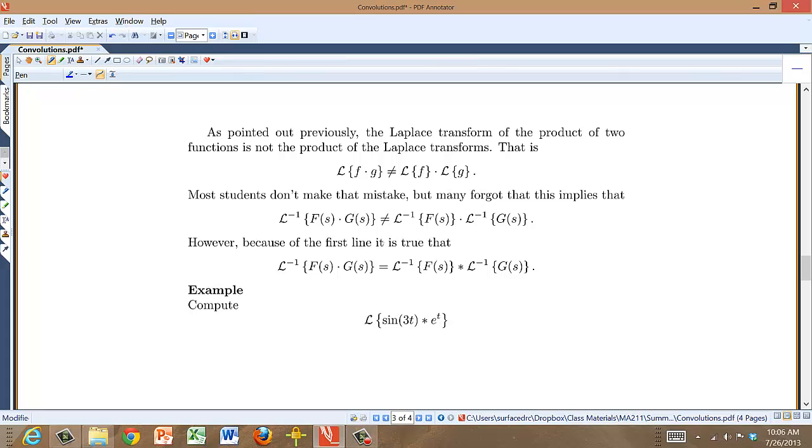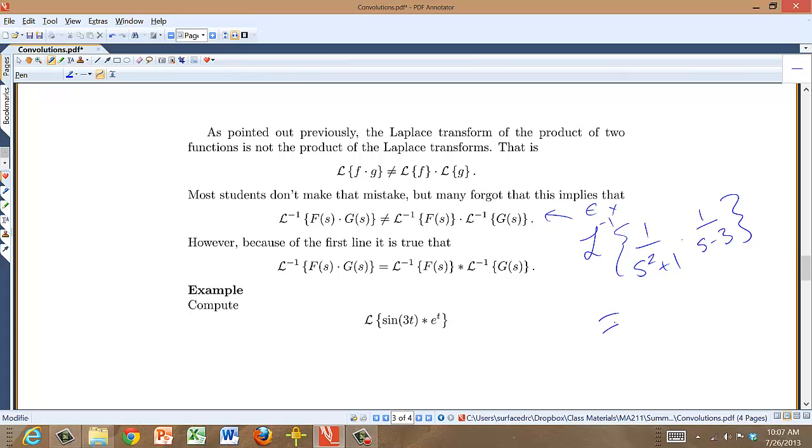But what you might do is this: you'll have two things multiplied in the s domain, and you'll want to inverse Laplace transform them. For example, the inverse Laplace transform of 1 over s squared plus 1 times 1 over s minus 3.